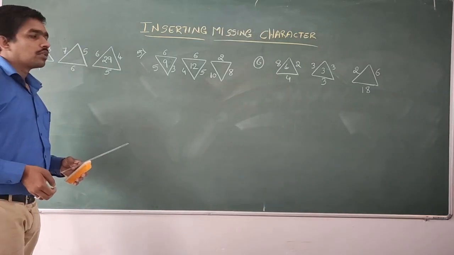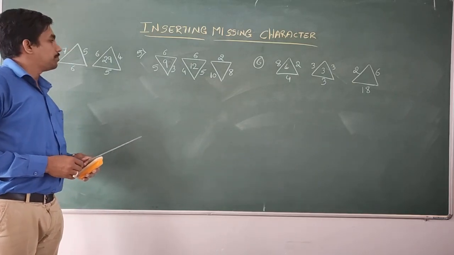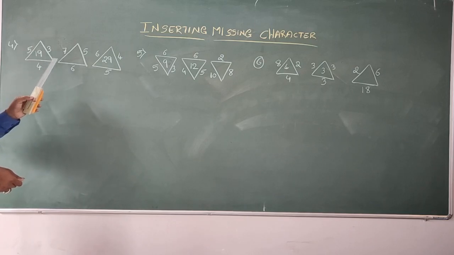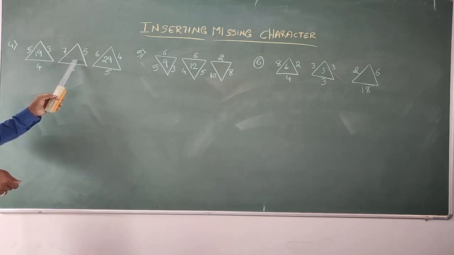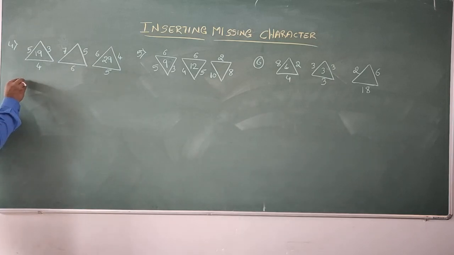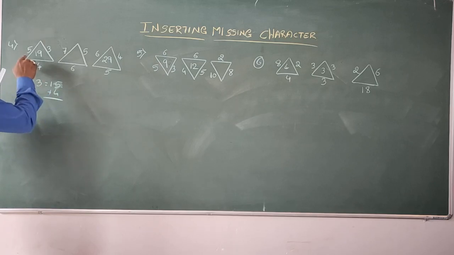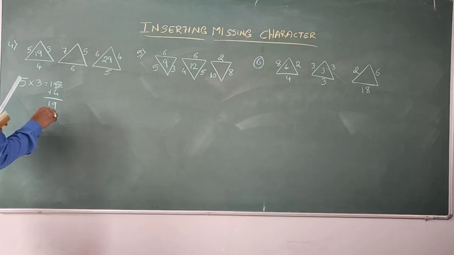Okay, coming to our next problem. We have to apply some logic and find this number. See here, 5 into 3 is 15, plus 4. These two we multiply and add 4, that is 19.